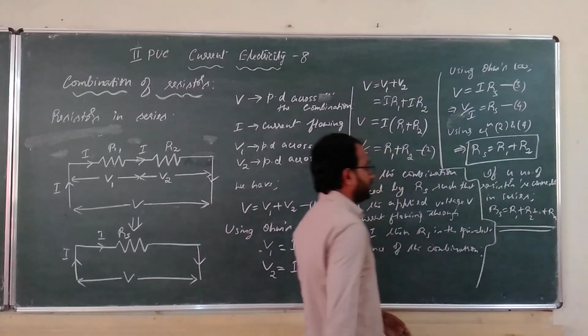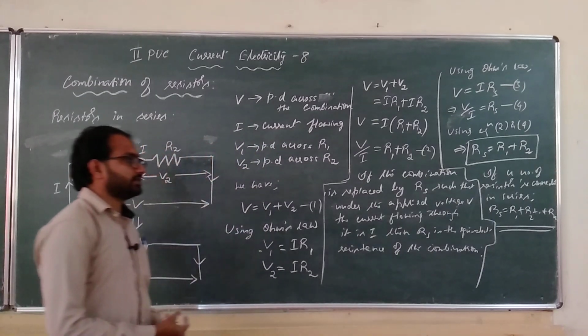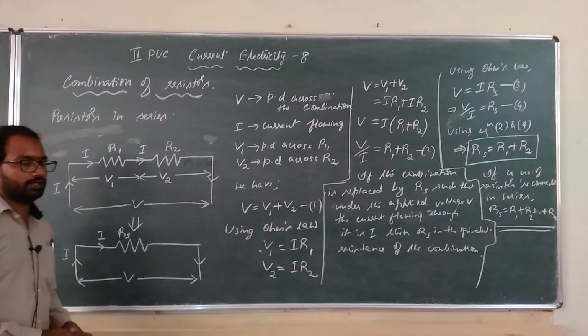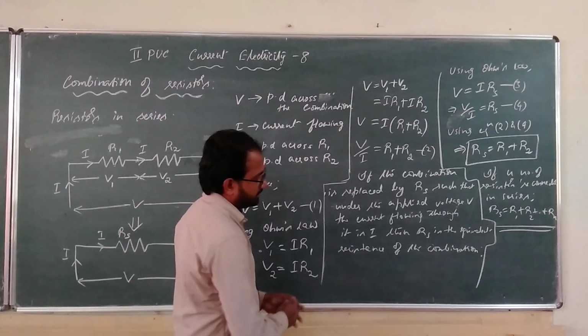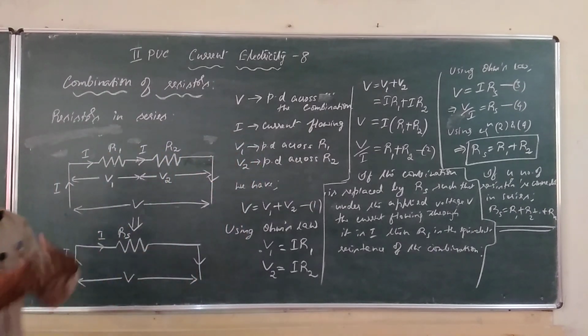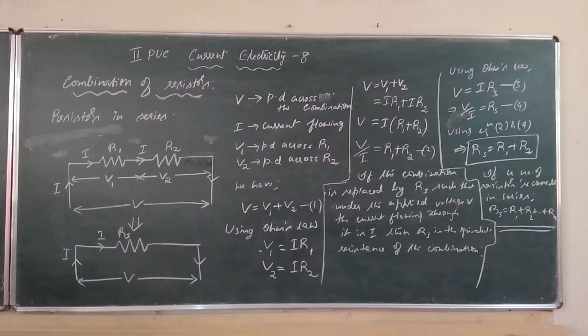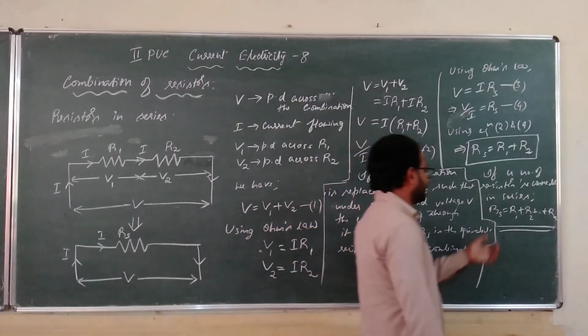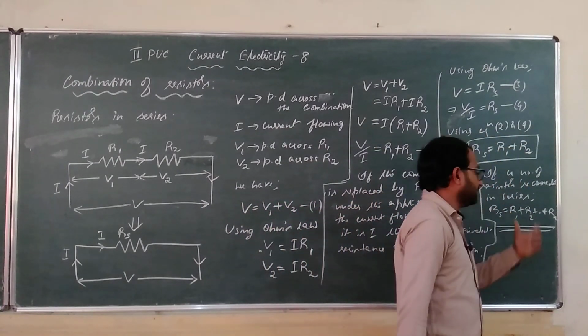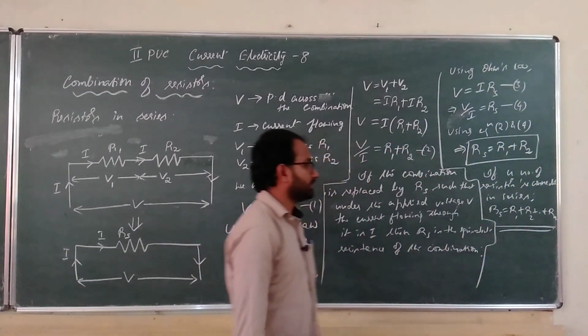So in series combination, the effective value of resistance is the sum of individual resistances, and the effective value of resistance is greater than the maximum among the individual resistances.